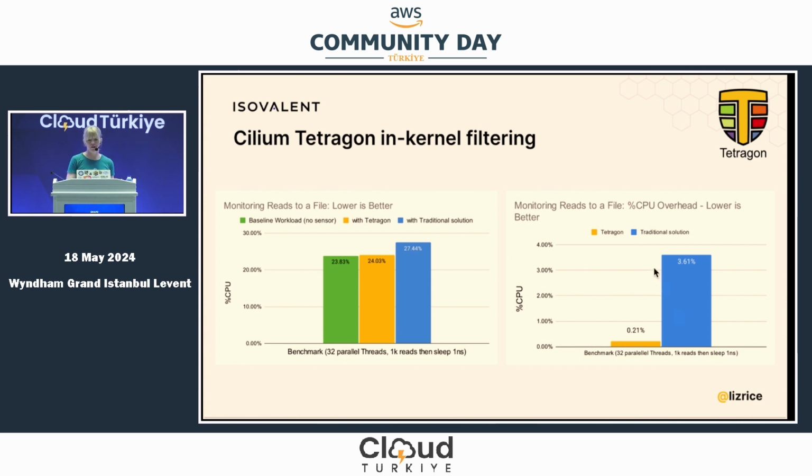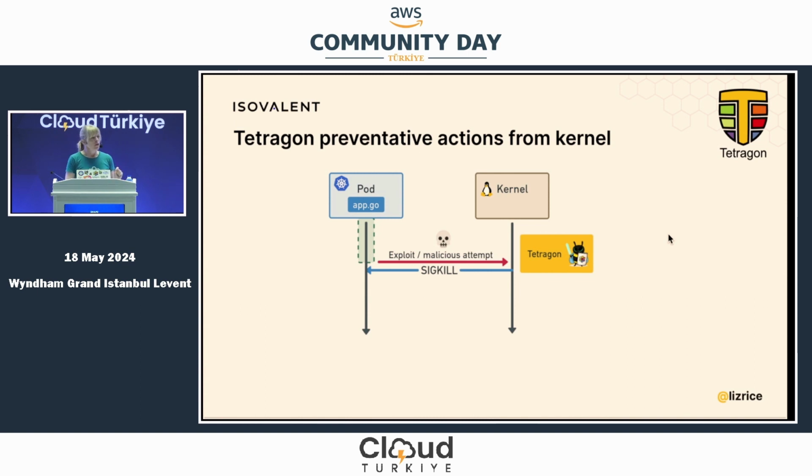But what if we want to not just report on those events, we actually want to prevent them from happening? And this is something that we can do with Tetragon. Because we're filtering that event in the kernel, we understand from within the kernel, synchronously to that kernel event happening, we can say, this event is suspicious and I want to stop it from happening.